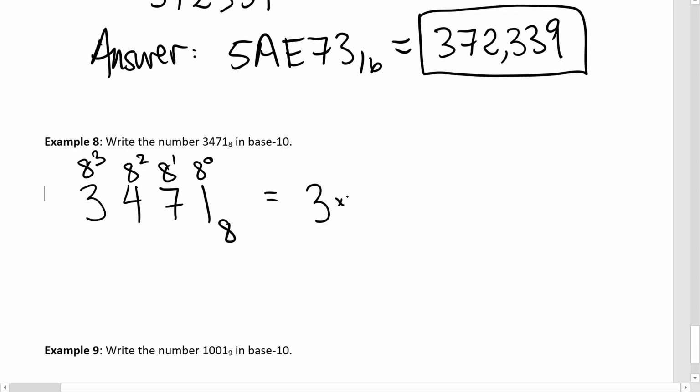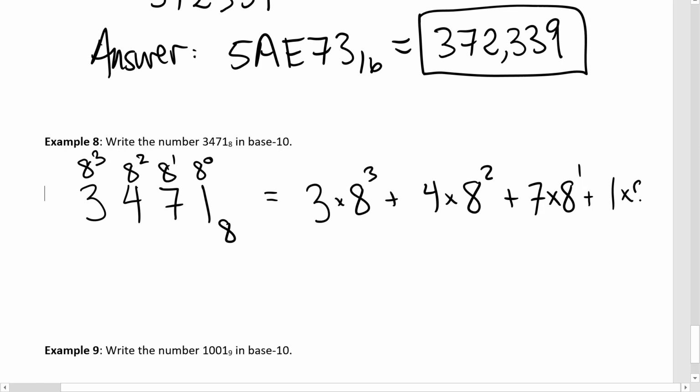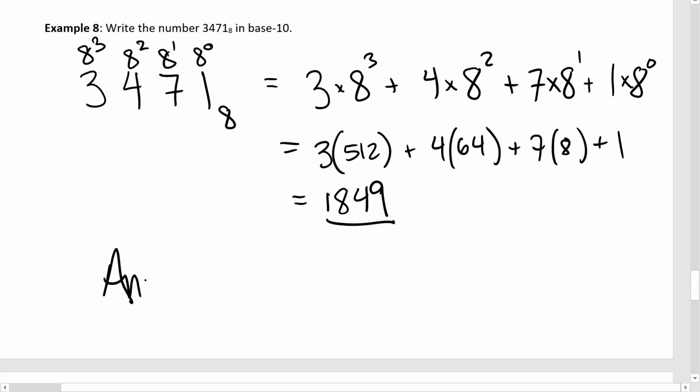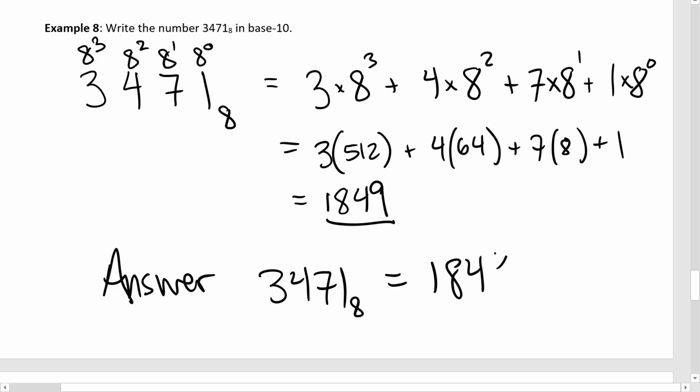So 3 times 8 cubed, 4 times 8 squared, 7 times 8 to the 1, and 1 times 8 to the 0. So that's the answer. 3471 base 8 is 1,849. Make sure you don't say 3,471 because this is not base 10.